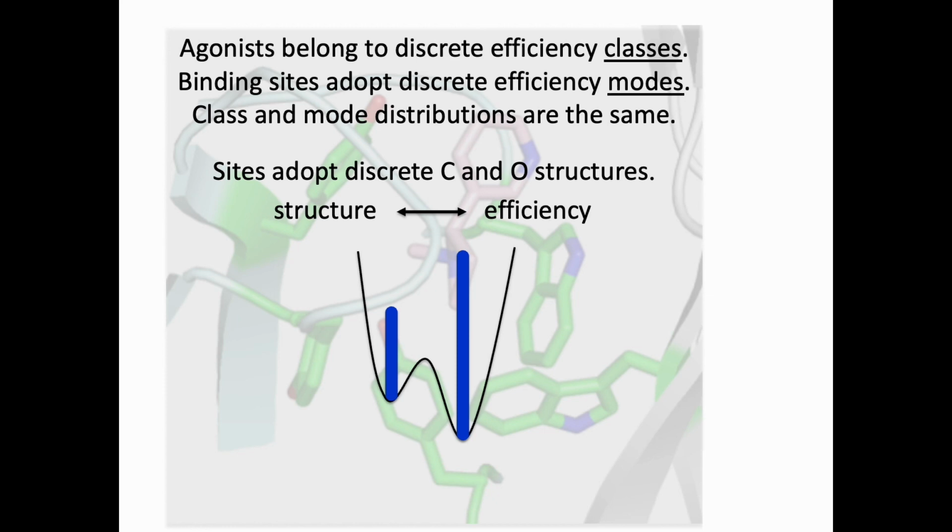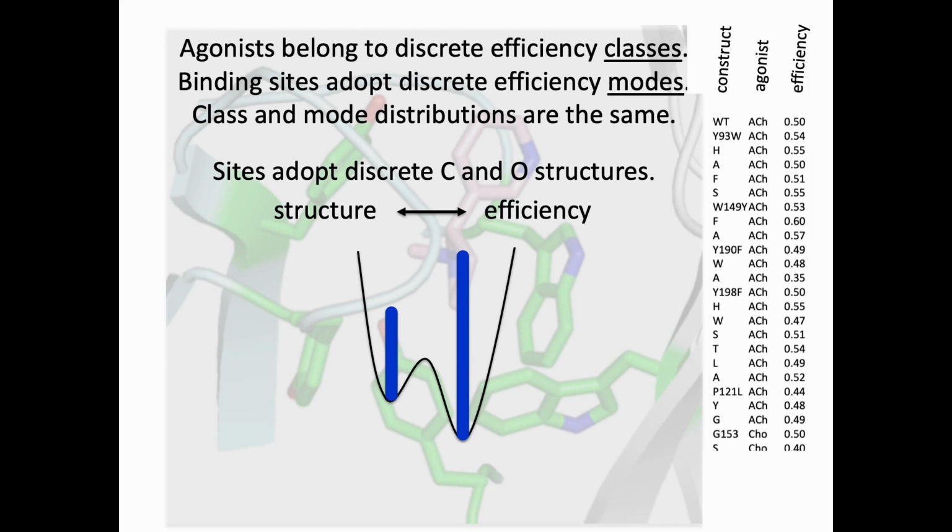That is, it's not like a rubber room, where the binding site can be anything. It starts and ends at preferred, pre-existing structures. So it's not induced fit, if you will, and it's more of conformational selection. And I think the O binding site is the key to understanding efficiency. So I think we'll be able to calculate structure and efficiency.